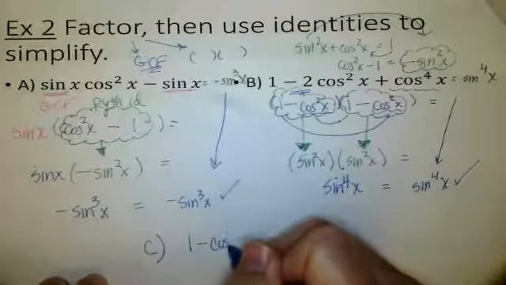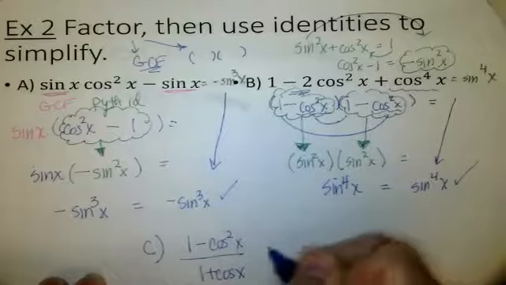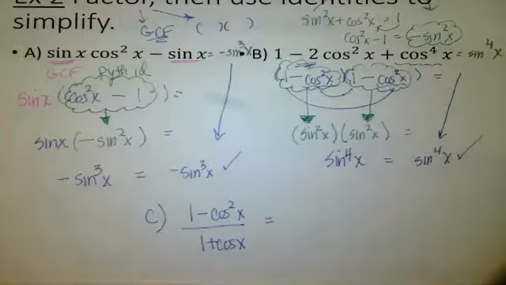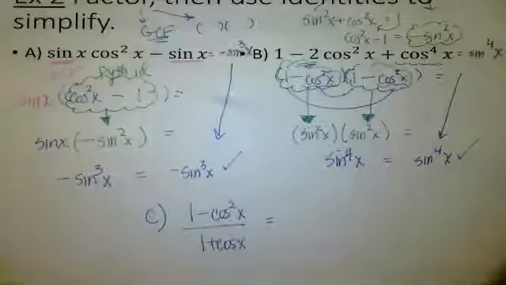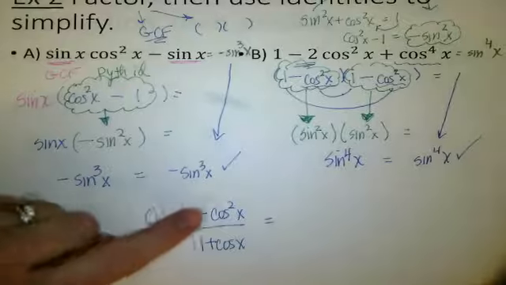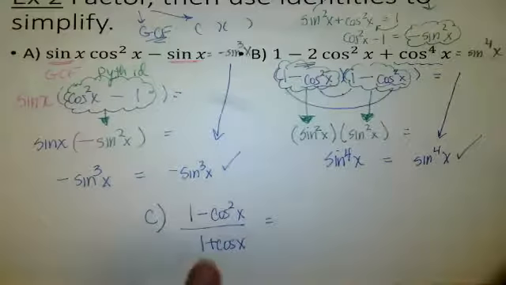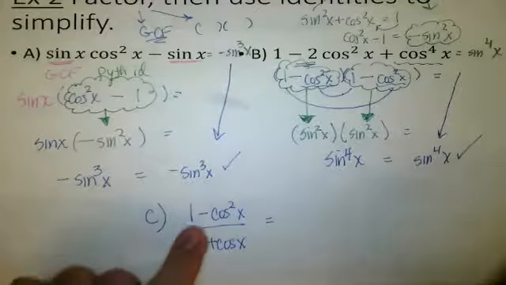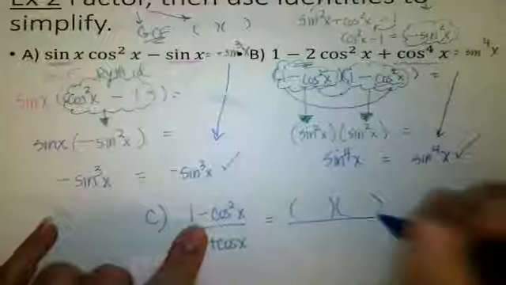1 minus cosine squared of x over 1 plus cosine of x. You're going to see this on your homework, so I want to throw this in here. It's sort of a different factoring method. You'll notice we've got cosine being squared on top, and underneath we don't. Well, this is a difference of squares. It's like double bubbling.